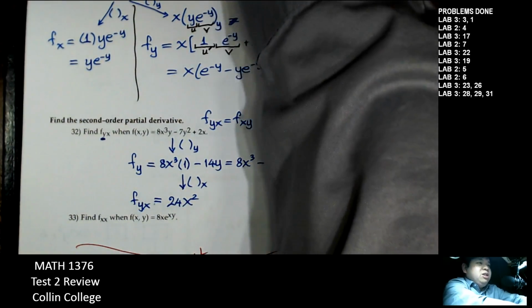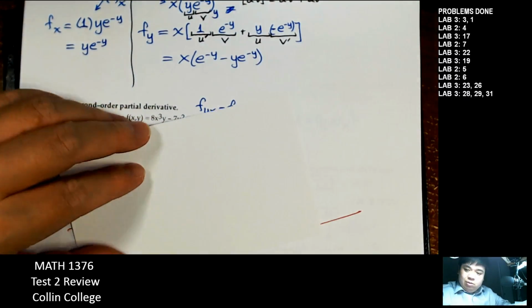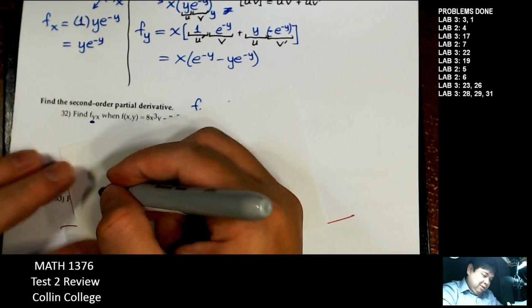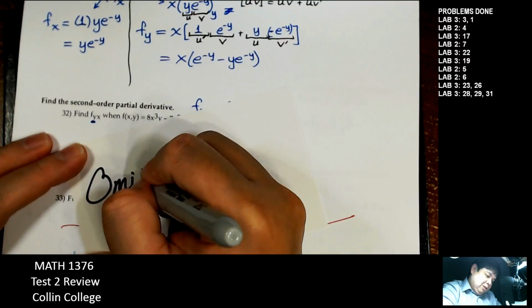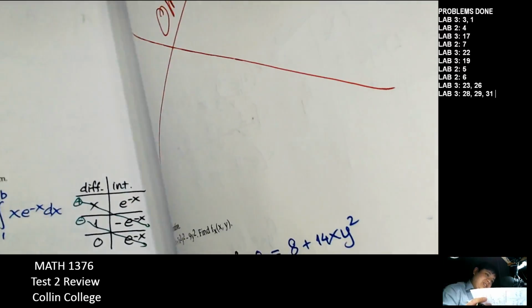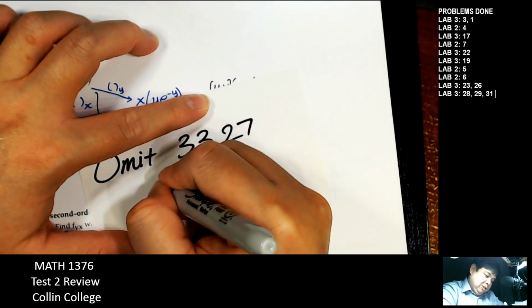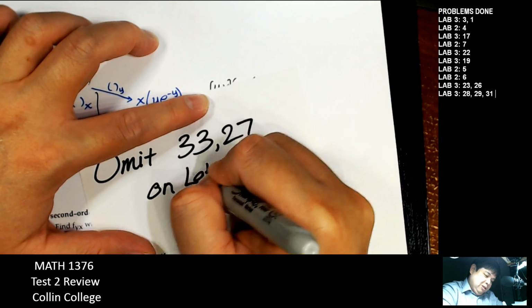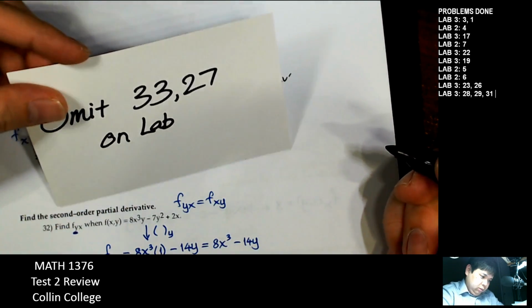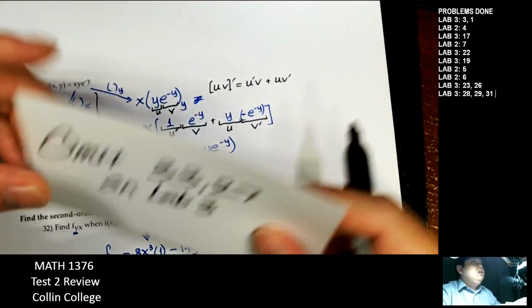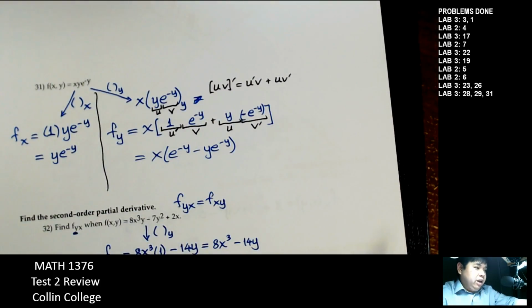Just write a lot. What was the other one? 27. Yeah, I'll put it on the Canvas announcement later.